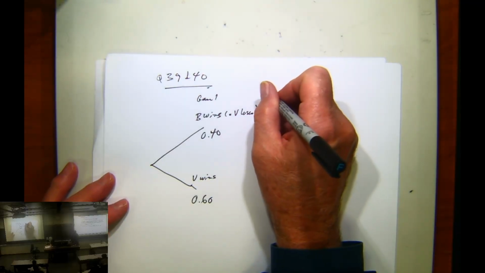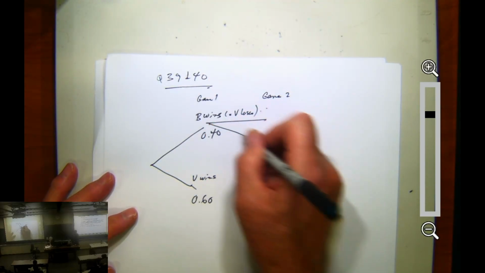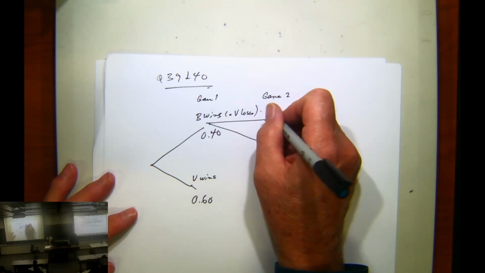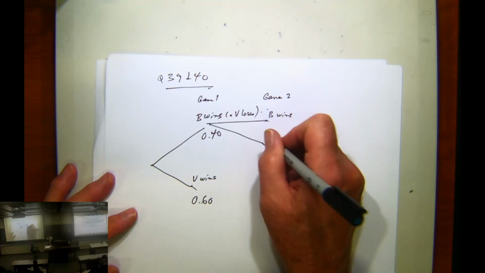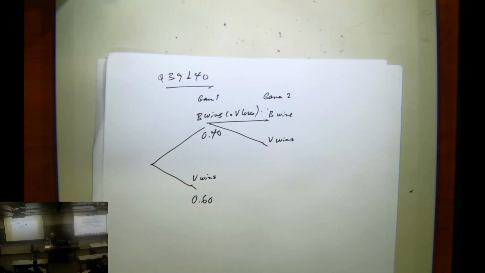So then we can go to game 2. And again, either Betty wins or Veronica wins. Or again, if you want to call it B complement, that's fine. In this case, the games are independent, which is not necessarily the case.